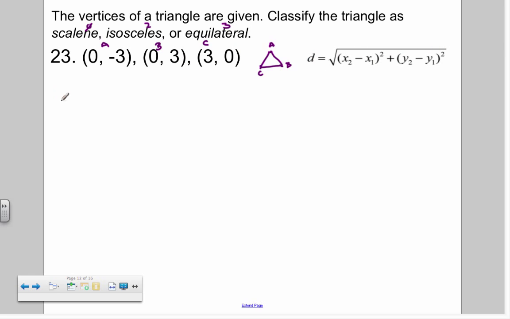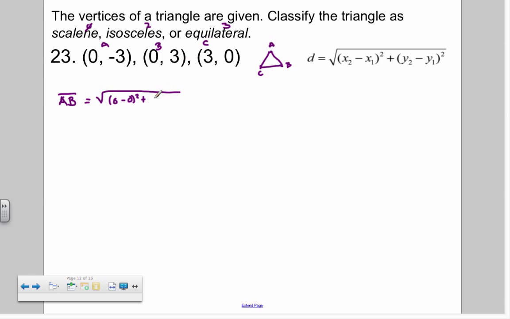I'm going to start by finding the distance between points A and B. So the distance between the line segment AB using the distance formula. So I'll have x2 minus x1. This is going to be my x2, that would be my 0, minus my x1, which is also 0, and square that. And then I would have my y2 minus my y1.